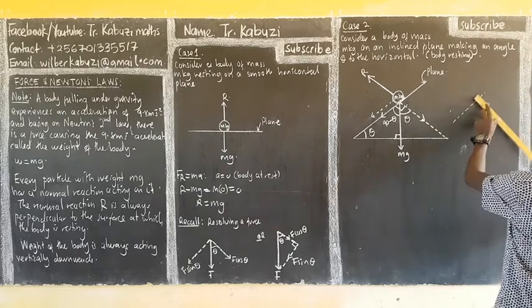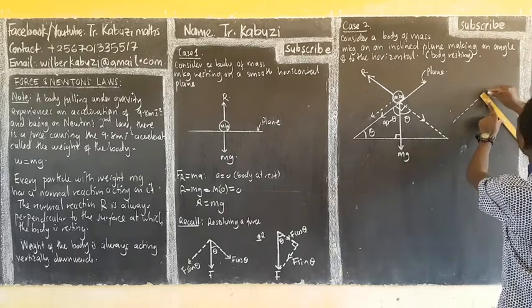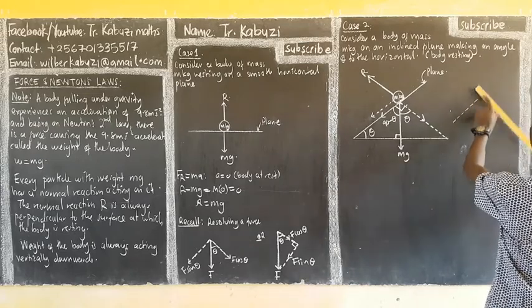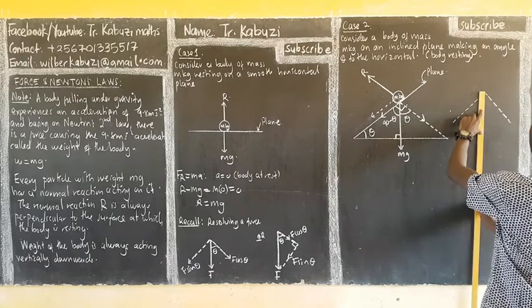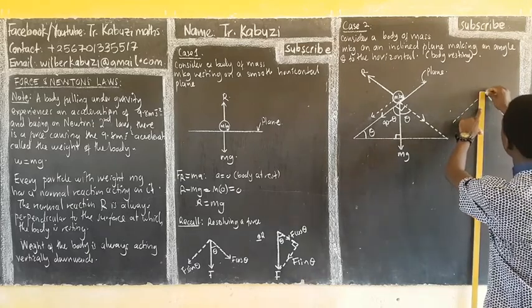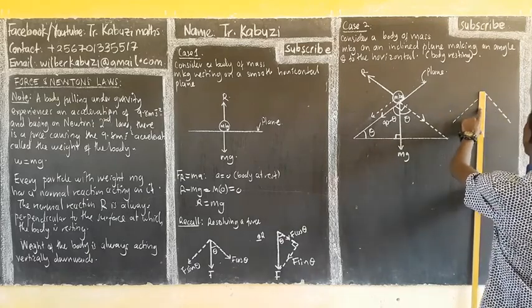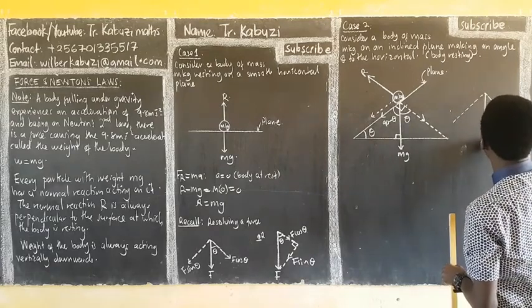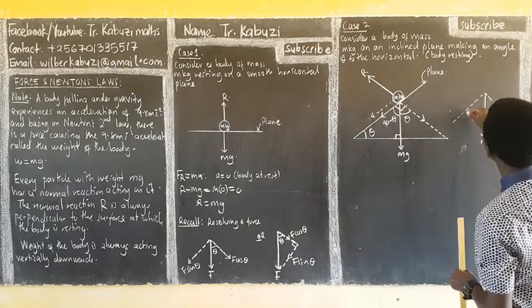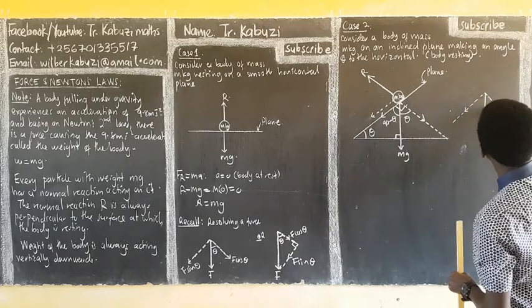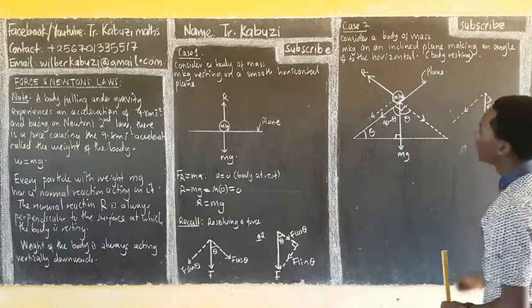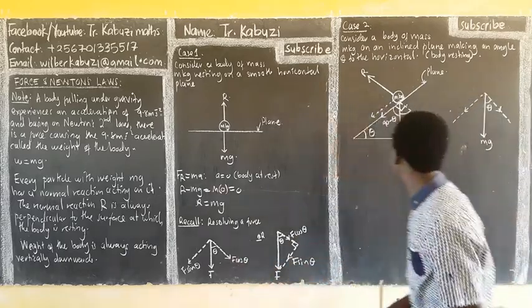Hope you can see what I'm going to be having there. This is going to be my force acting like that. So this is our mg, the weight, and this one is going this way, and this one is going like that. And this is our theta. I think now we are at this case.